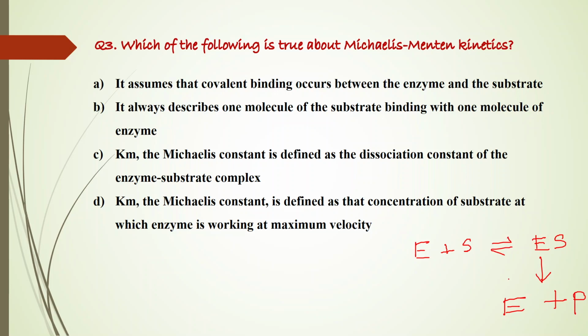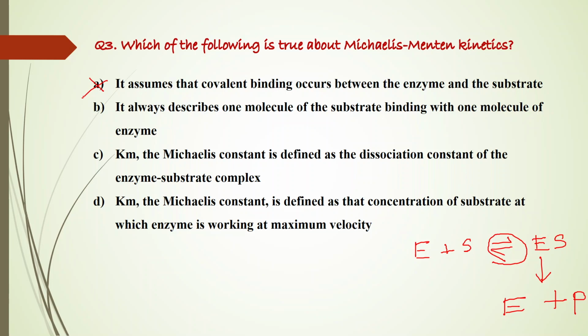We can clearly see that there is a reversible bond, which means the enzyme binds to the substrate in a reversible manner. So there is no covalent binding occurring. It is just a non-covalent type of interaction, that's why there is a reversible sign. So the first statement is false.